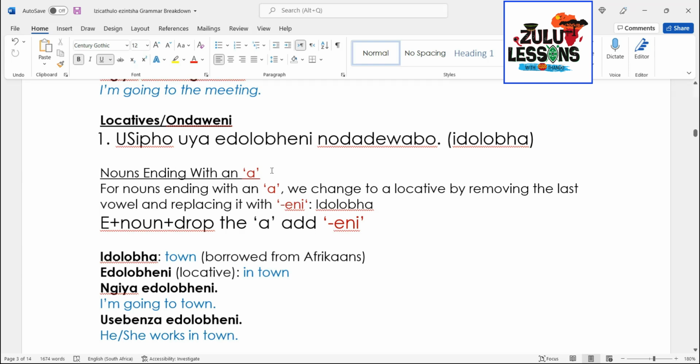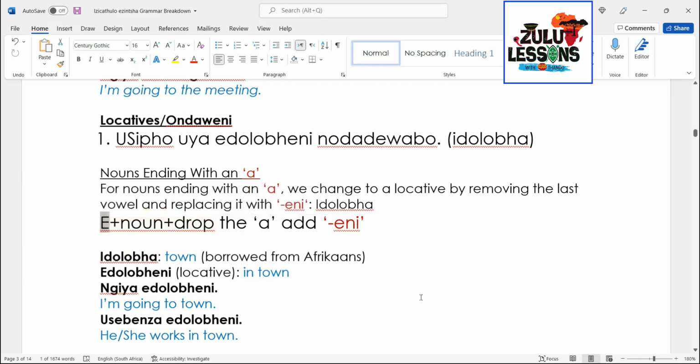So in English, you would say in town. You wouldn't change the word town. But of course, isiZulu is an agglutinative language. So in that agglutination, we have the e that we put before that noun.